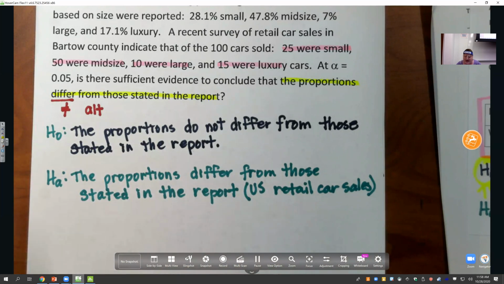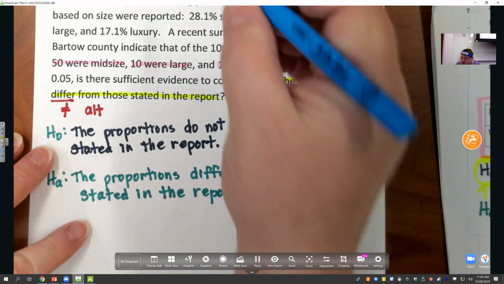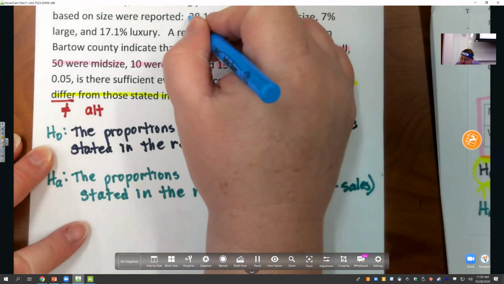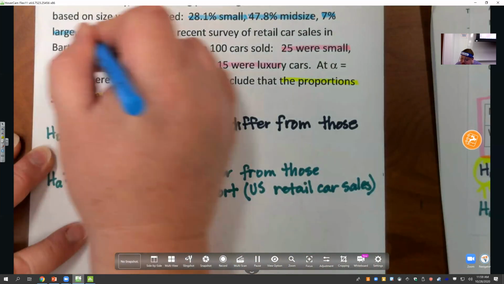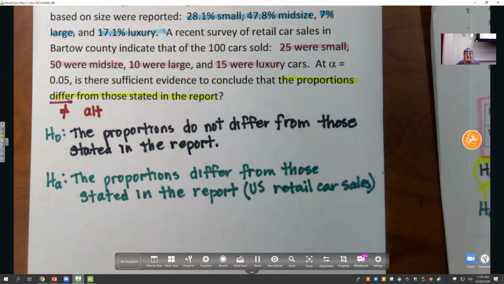Now, I highlighted the information that you need in pink, but we're also going to need this information here from the report about the different percentages of car sales, because it's a different percentage for each category. So I have to know what those percentages are. We're not saying there that all the percentages are the same anymore. We have specific ones based on research.